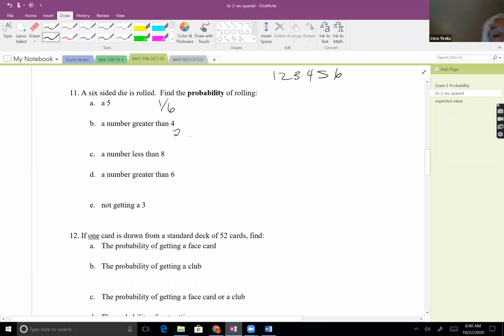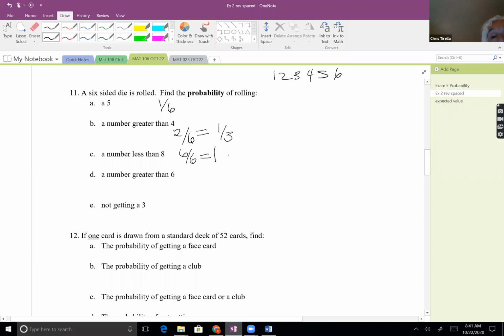Now 2 out of 6, I would give you full credit for. My labs won't, which is why you've got to submit pencil and paper work so I can give you partial credit. My labs would look for the reduced form of that, 1/3. Number less than 8. 6 out of 6, which is 1.